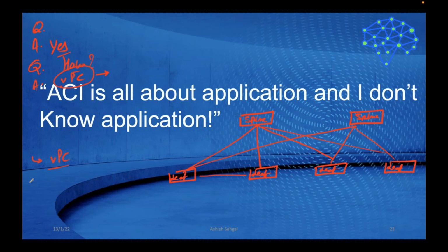But the switch connected to those two different switches sees them as one. Am I correct? Absolutely. This means these two particular switches, say leaf 1 and leaf 2, by virtue of using VPC, you know what? We can present them as one single logical entity.